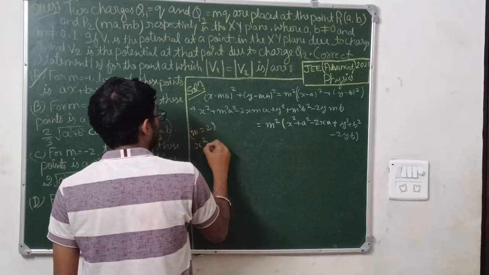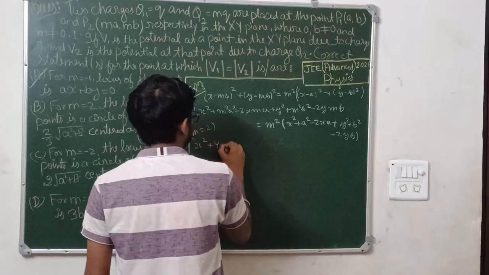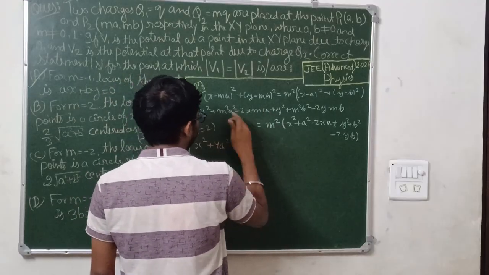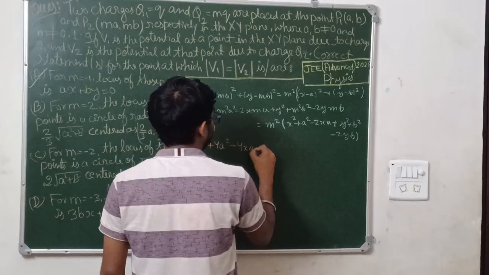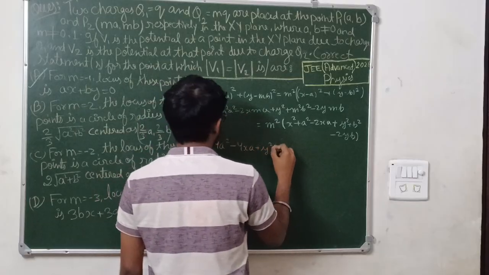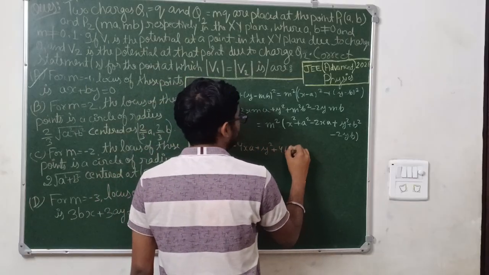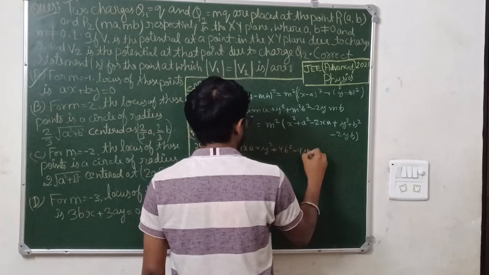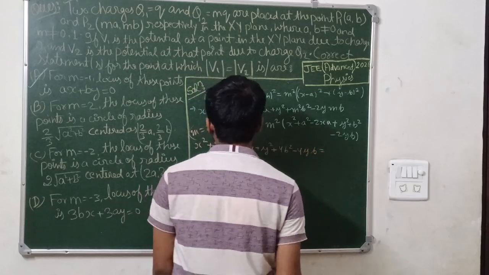So x square plus 4a square. M is equal to 2. So 4xa plus y square plus 4b square minus 4yb is equal to m square, which is 4.